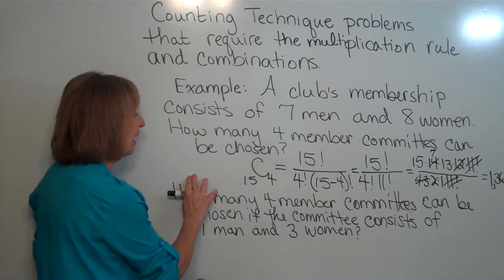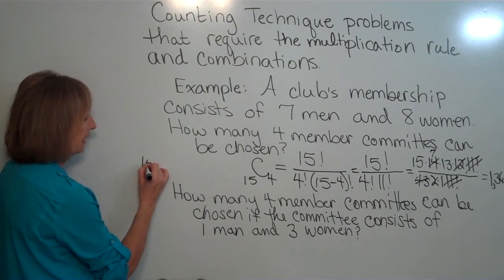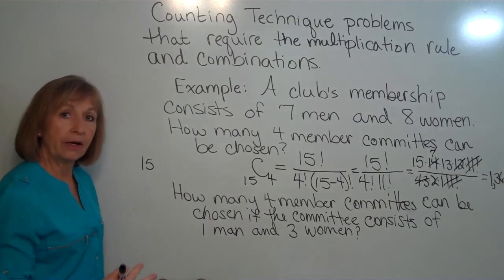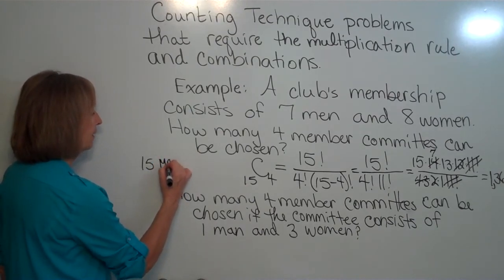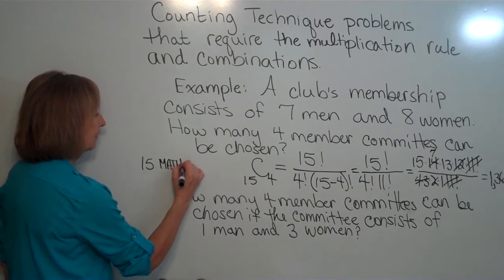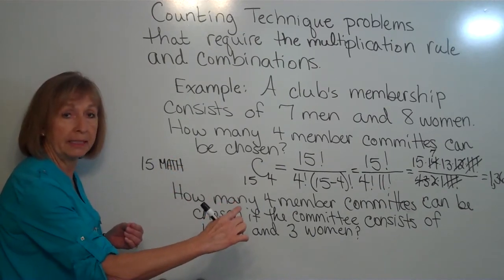Now another way to do that is on your calculator. So you're going to put the 15 in the open calculating screen, and then push the math button. And then you're going to cursor right to the PRB heading.